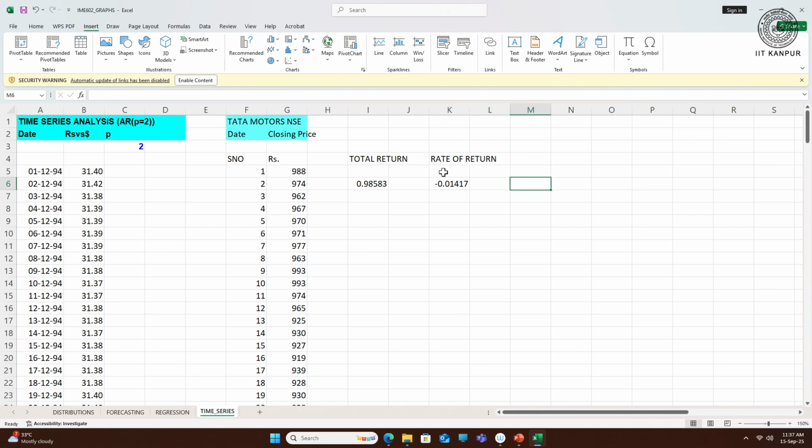So, I will use this rate of return as 1, and another is rate of return number 2, which is ln, the log of P2 by P1.